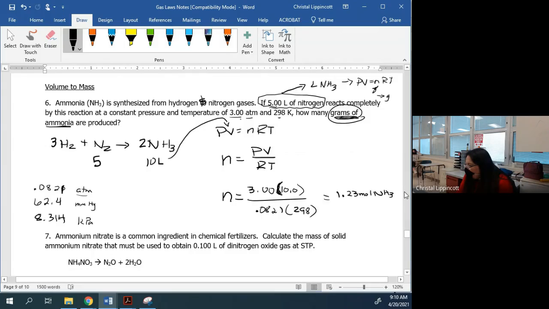So I need to multiply the 1.23 times the molar mass, which is 17. I multiply by 17, and I get 20.8 grams of NH3.